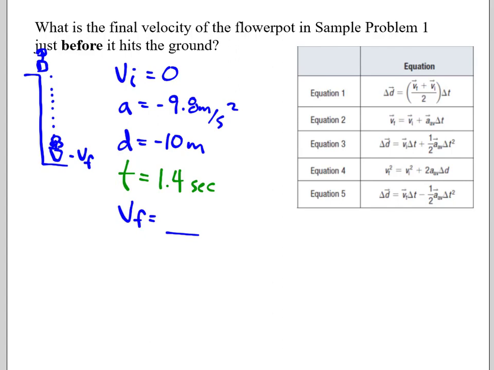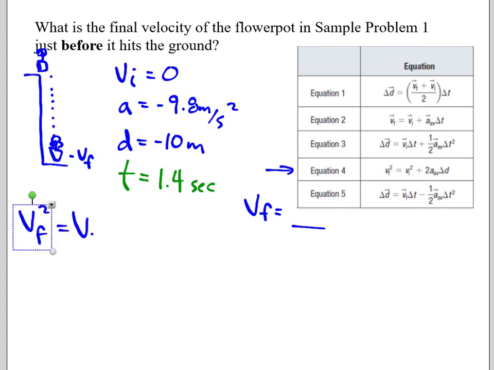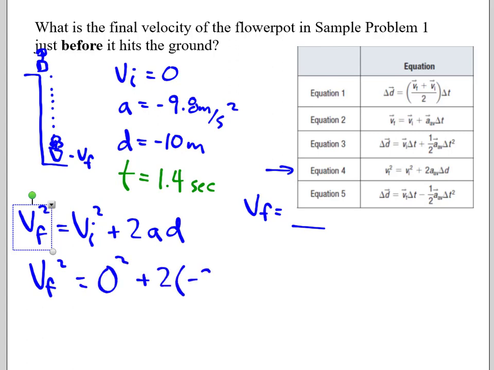So we have VI, A, D, and VF. So I'm looking at equation 4, and I'm thinking that will be a good place to start. So if we start with VF squared equals VI squared plus 2AD. We're looking for VF. VI is 0. 2 is a constant.